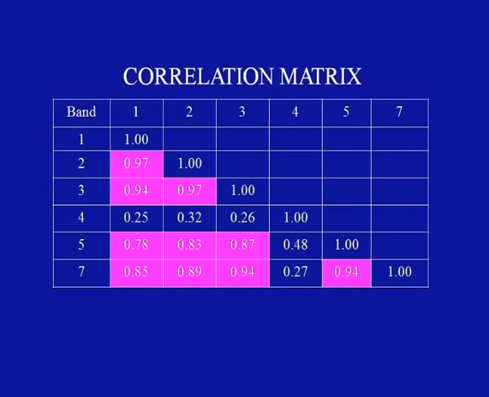A very unique trend may be observed with TM band 4, and it reveals that the correlation amongst the other 5 data sets is probably of the lowest order, of the order of 0.25 and so on, which means that band 4, when compared to all other bands, contains altogether a very different information.